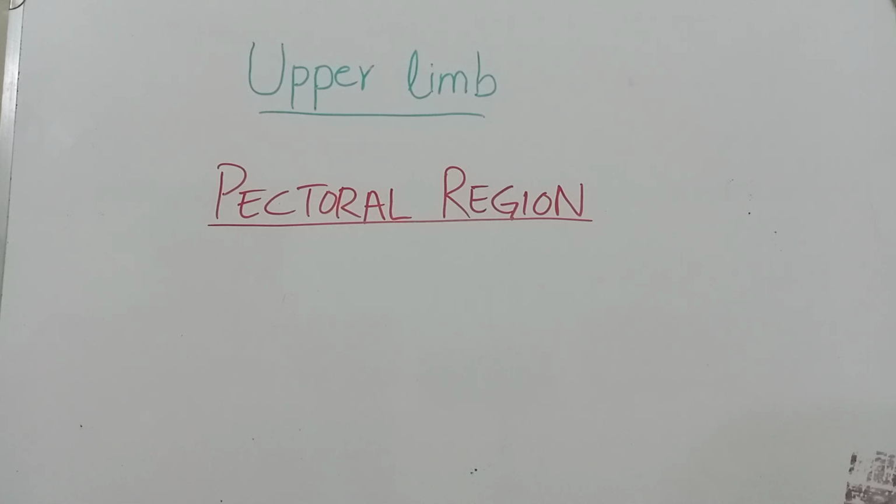The shoulder region consists of the pectoral region, the scapular region, and the axilla. First, we will start with the pectoral region. The pectoral region lies on the front of the chest. It essentially consists of structures which connect the upper limb to the anterolateral chest wall. The mammary gland lies in this region.